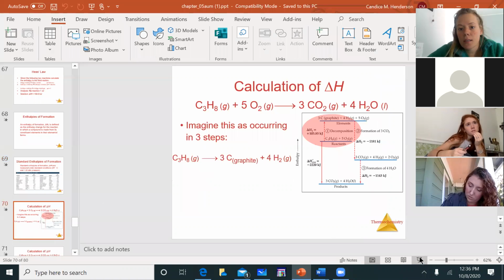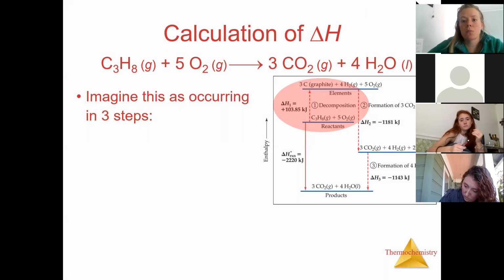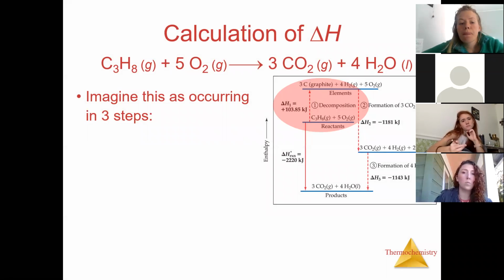So if we look at this thing here, we've got the combustion of propane to produce CO2 and H2O. Now, when we were looking at Hess's law, we were able to break it into incremental steps, but what we're actually going to do here is extend or add a step.